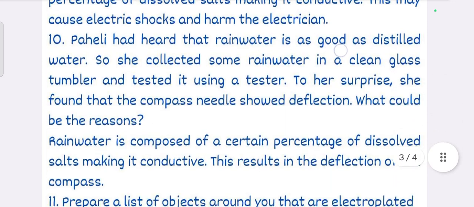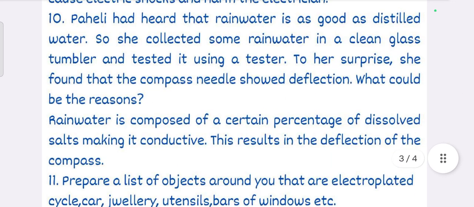Question 10. Paheli had heard that rainwater is as good as distilled water.